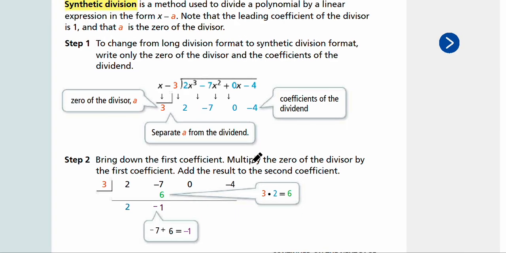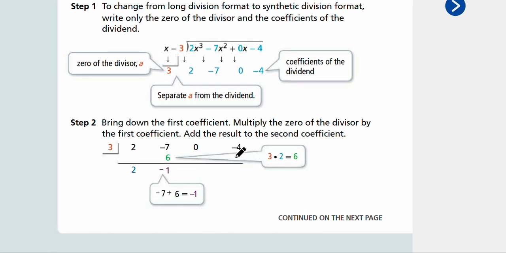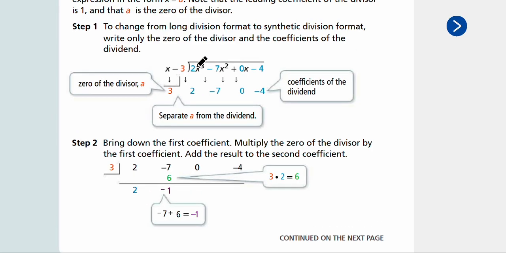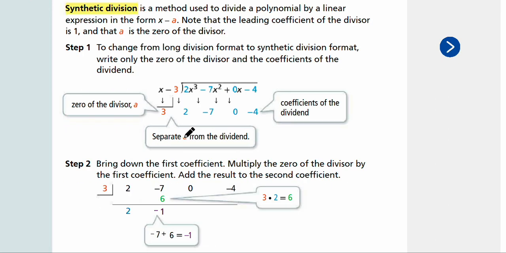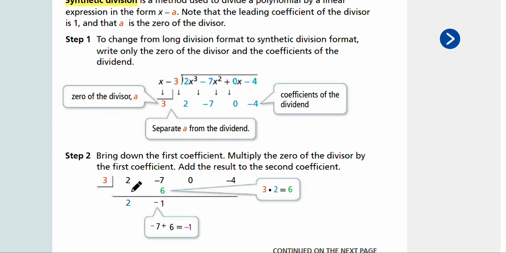And so step 2, we're going to bring down the first coefficient. 2 is the first leading coefficient, and we know we're going to match x with 2x cubed, so it's always going to be your coefficient. So 2, we just bring it down, and then we multiply 3 times 2 to get 6.